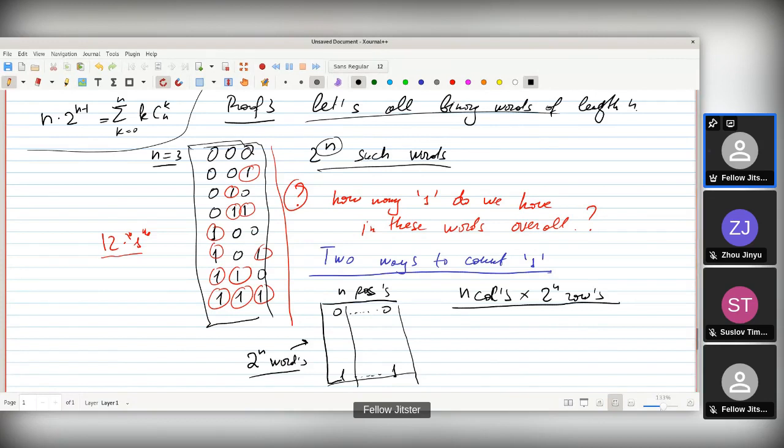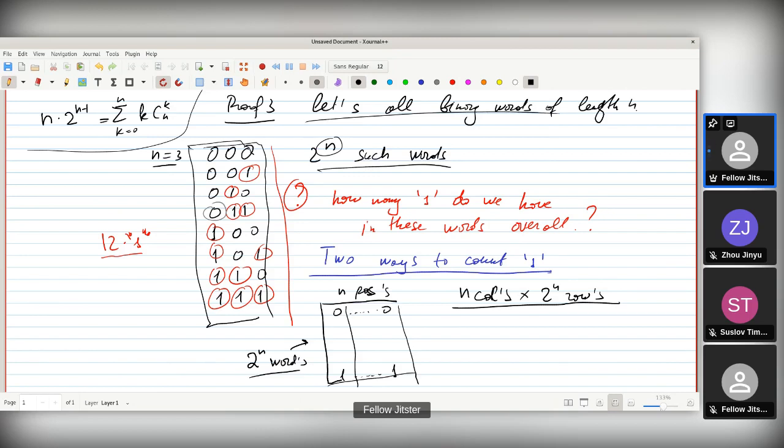Do you agree? Yeah. And for every position, we have as many words with 0 there as we have words with 1 there. Why? Because there is a natural bijection. Just replace 0 by 1 and vice versa.